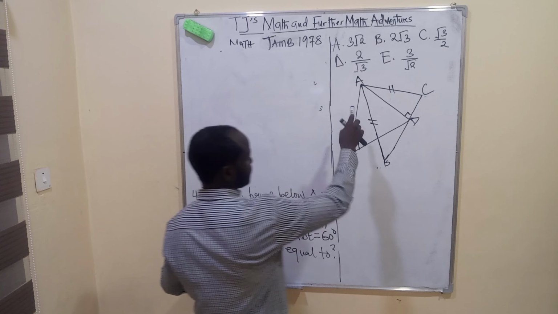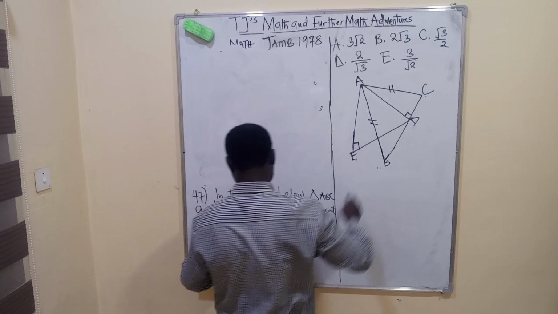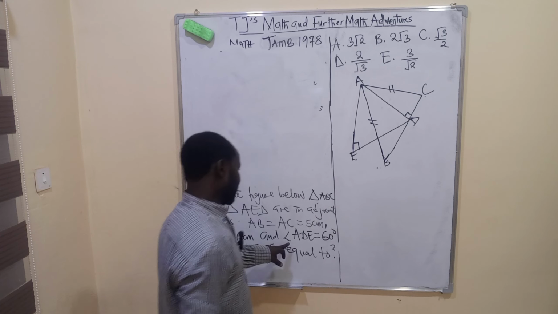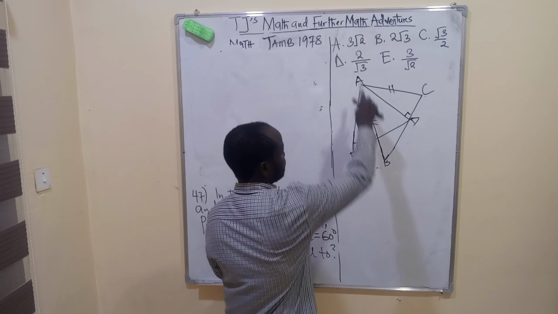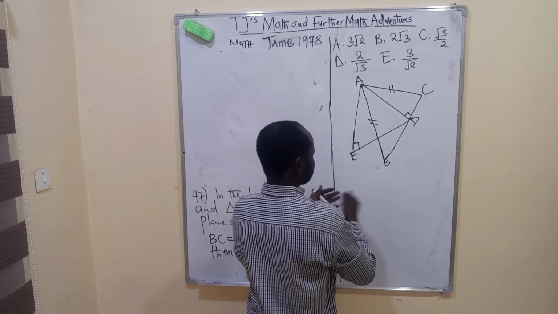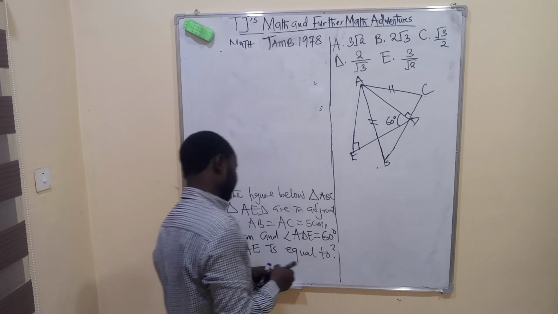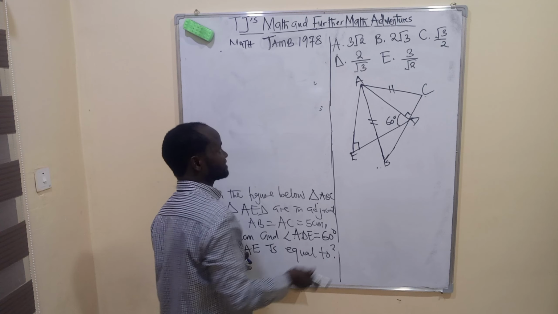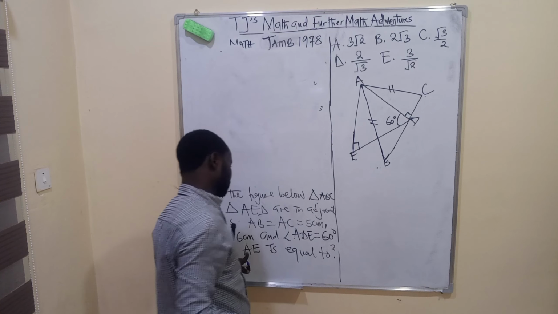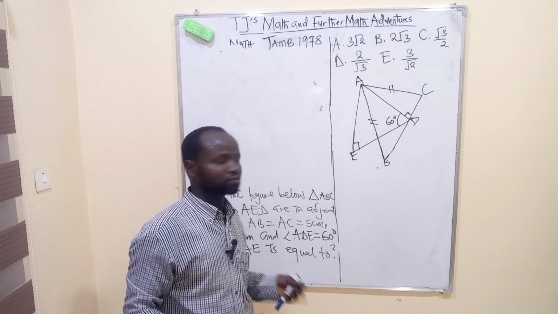Length BC is given as 6 cm. And angle ADE, this angle here, is given as 60 degrees. Then what will be length AE?